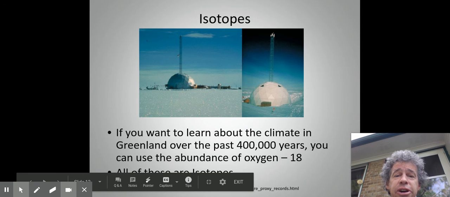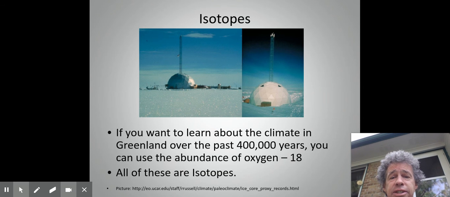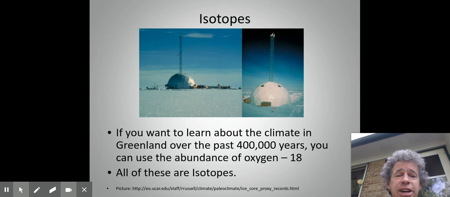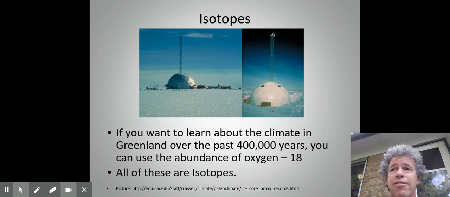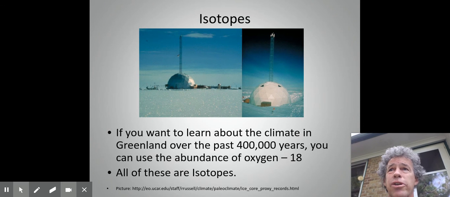Again, if you wanted to learn about climate in Greenland, say, over the past 400,000 years, you can use the abundance of oxygen-18. As it gets hotter, you tend to get more and more oxygen-18 in the precipitation because it's heavier, but with it being warmer there's more kinetic energy, and that allows more of the oxygen-18 to get into the atmosphere and then fall as rain or snow.